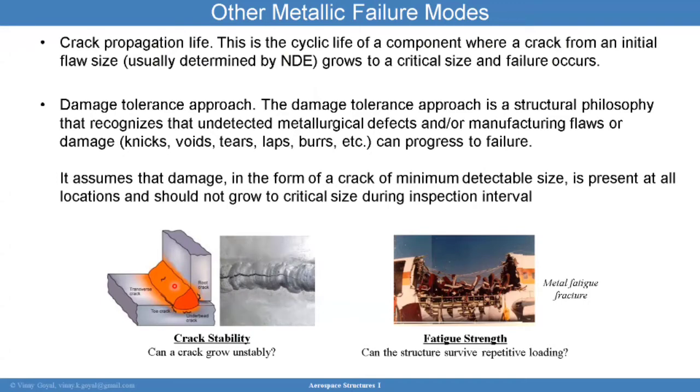And so one approach that's used in industry is to assume a flaw in the form of a crack of minimum detectable flaws, right? So say the smallest flaw I can inspect is 0.04 inches, or 40 mil.